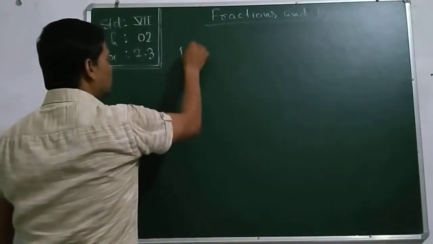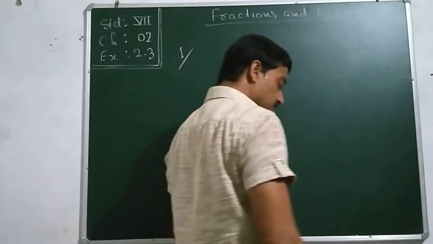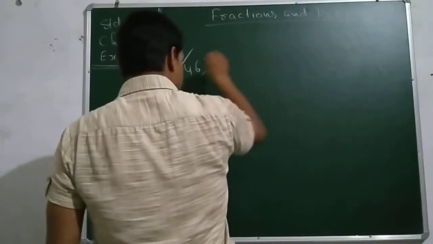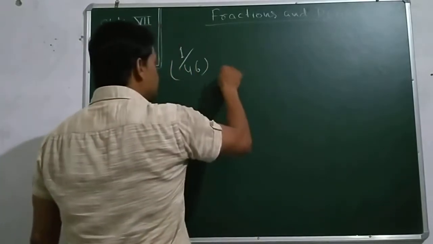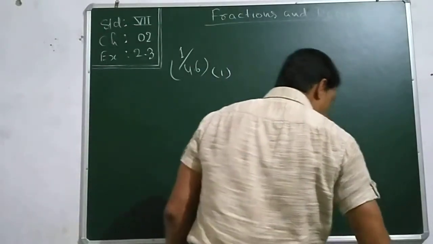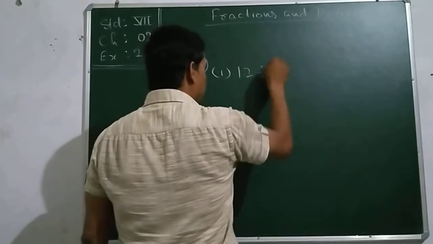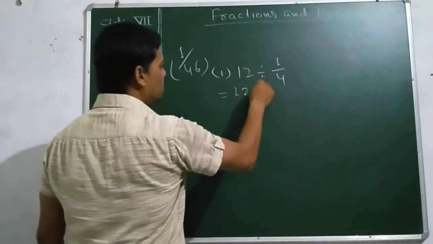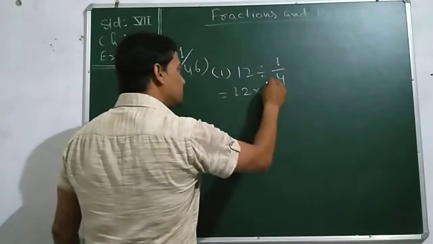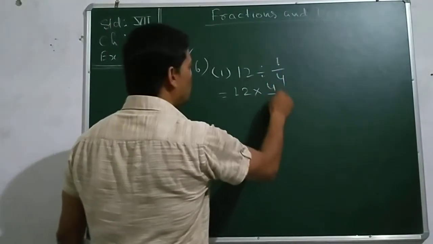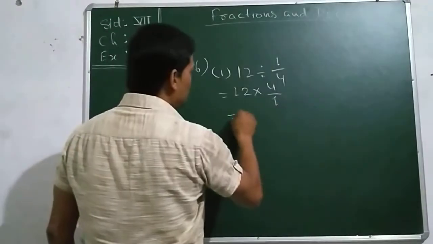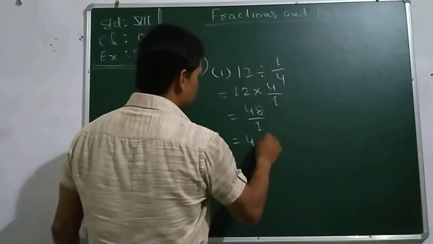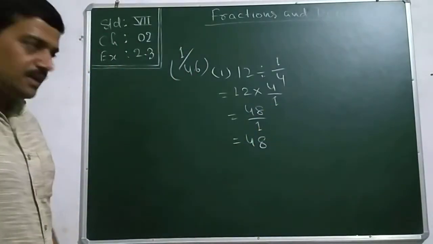For the one number, the first sum was 12 divided by 1 by 4. As I had explained, 12 into the reciprocal of 1 by 4, which is 4 by 1, and the result will be 12 fours are 48 by 1, that is to be written as 48 only.